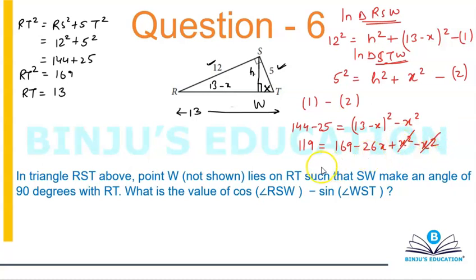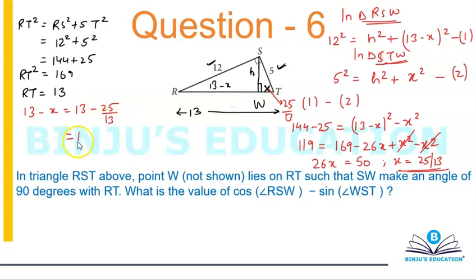These two are going to get cancelled, and 26x will be equal to 50, and from here X is equal to 25 divided by 13. So this value X is 25 by 13. If you want to calculate 13 minus X, this is equal to 13 minus 25 by 13, which is like 169 minus 25 by 13. That is 144 by 13.